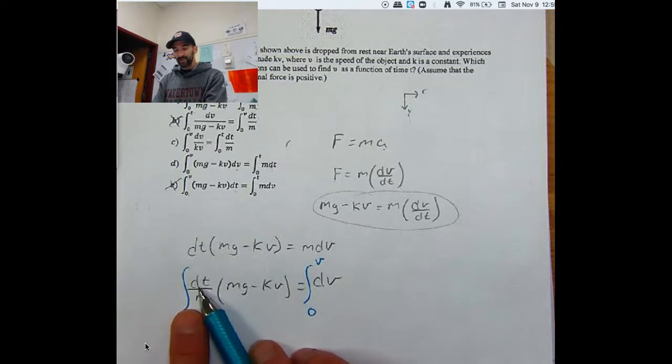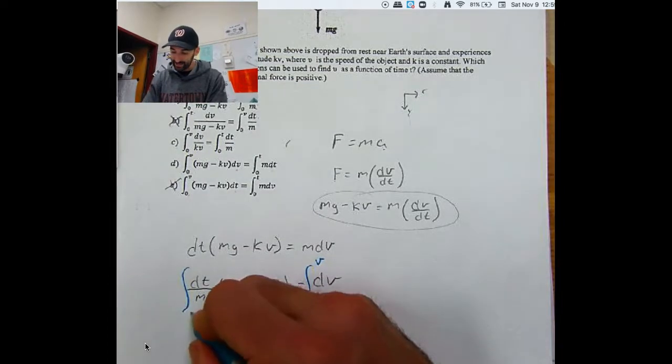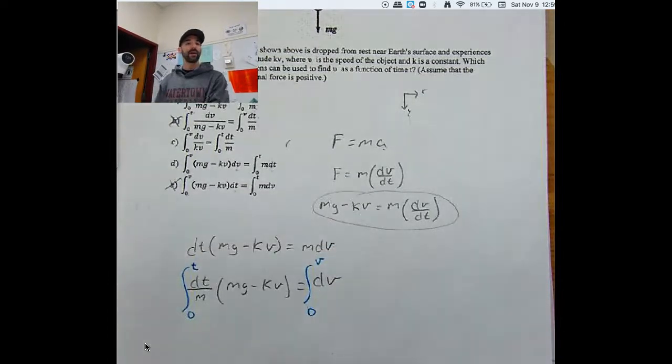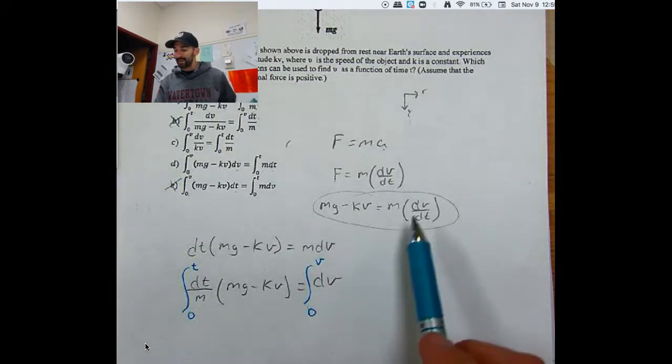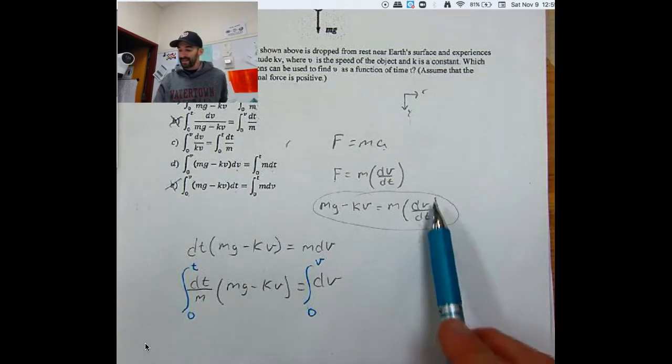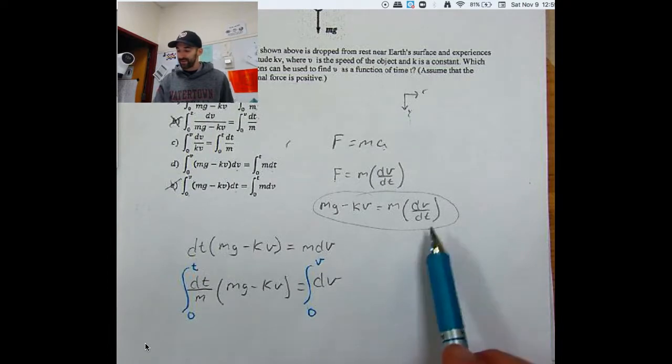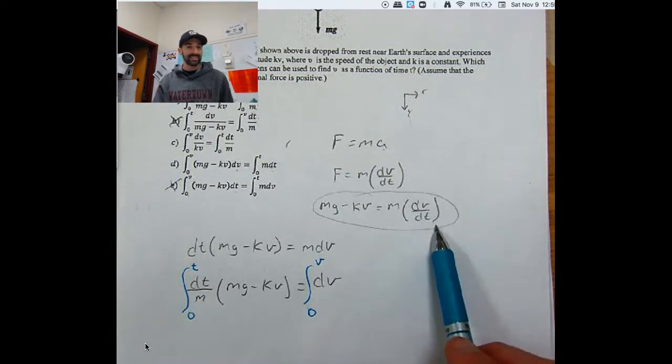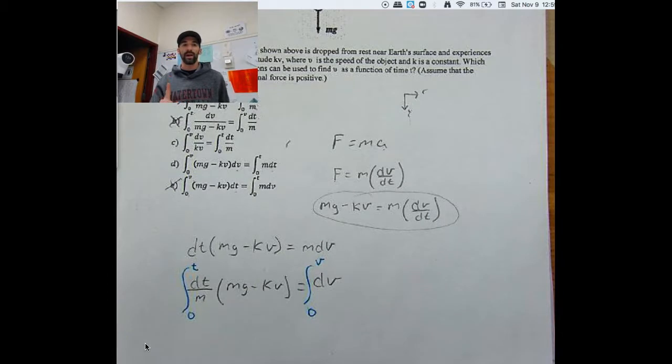Here I'm integrating with respect to t, so this side is going to get my 0 to t. That's the real reason why we need to separate these variables, because if I throw this in over here, I have a dv and a dt. I can't just take one antiderivative for that. That would actually be 2 antiderivatives, which is something we're not up to yet in our course. It's something we very infrequently use in an introduction to physics course like that. That's usually a more advanced class. We may get to it in the second semester.